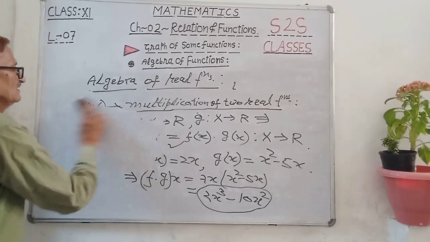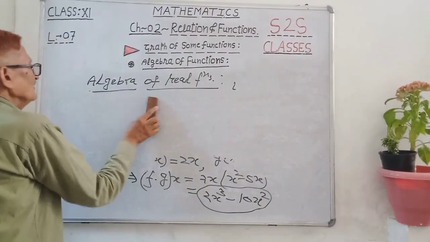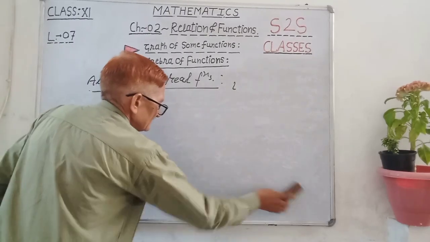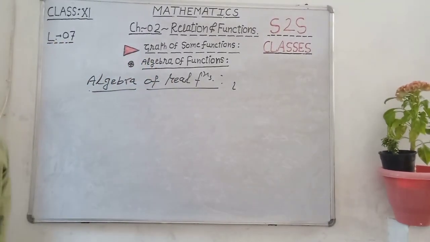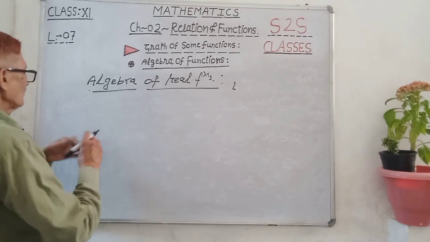So simple. Okay, so this is the algebra of the product. Now this multiplication of two real functions is done. Now the quotient of two real functions. Next, quotient.